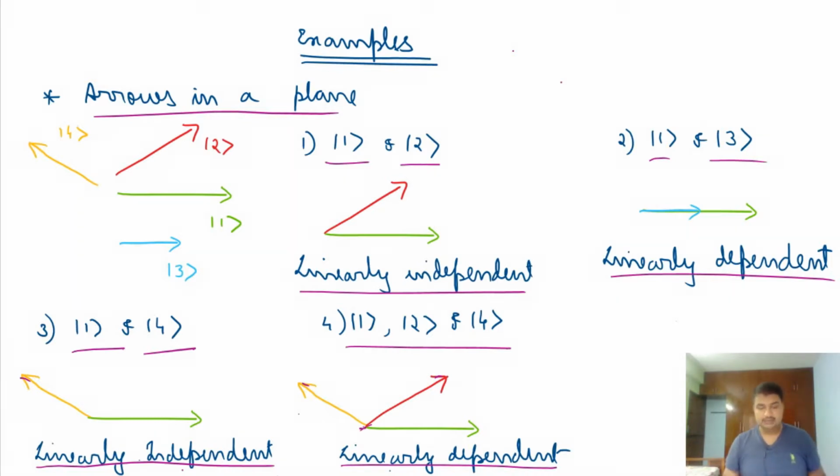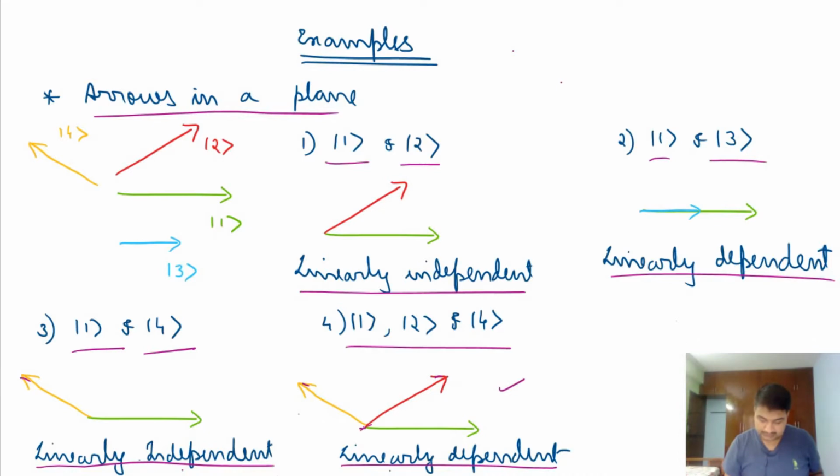What we had indirectly shown in this example is that the dimension of this vector space is in fact 2. The reason is that the maximum number of vectors that are linearly independent in this vector space is just 2.